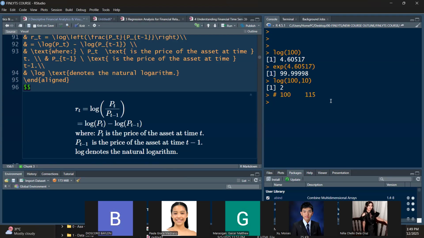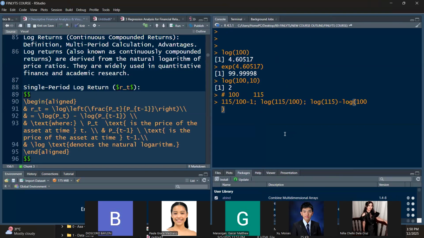what will be the simple returns? The simple returns will simply be 115 divided by 100 minus 1, right? The log returns will be the log of 115 divided by 100, and this is just equal to log of 115 minus log of 100.